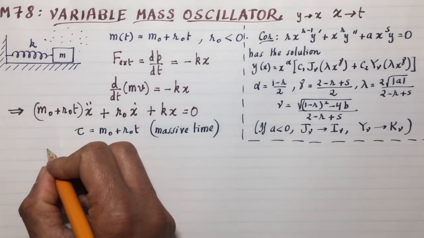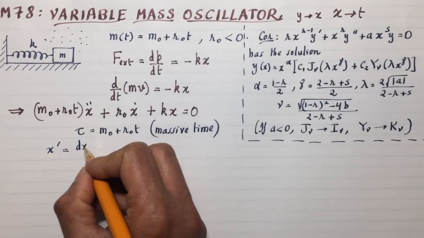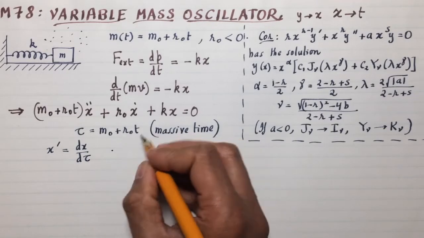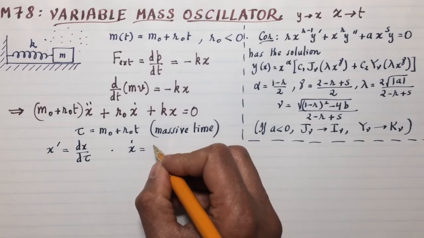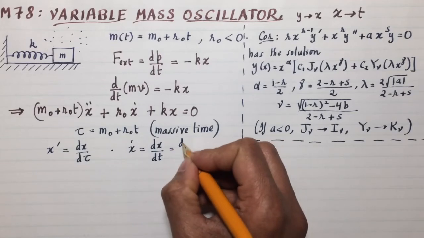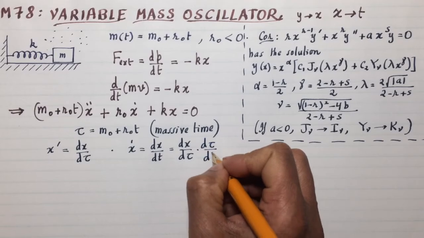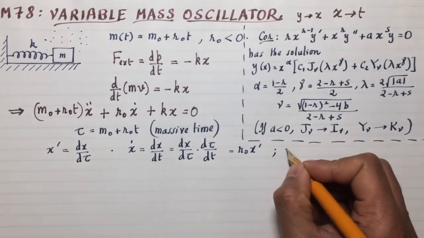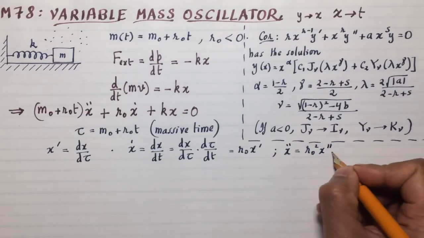Under this assumption of massive time, I'm going to define my prime as dx by d tau. So x dot is going to be dx by d tau times d tau by dt using the chain rule. So I get r naught x prime. Similarly, x double dot is going to be r naught squared x double prime.